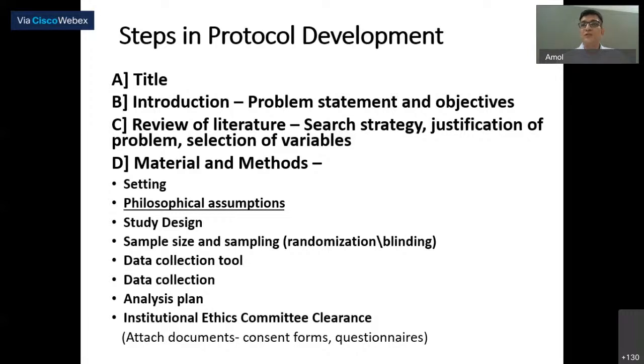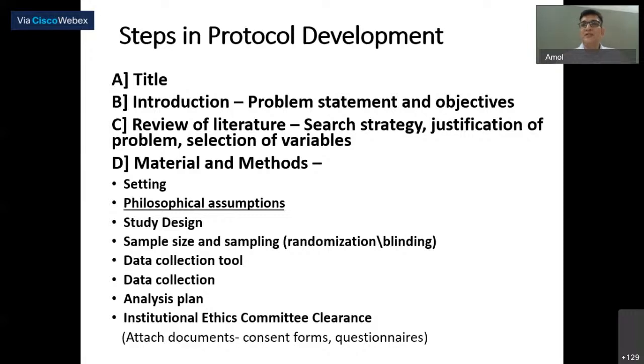If you are planning to do some studies in some institutions or organizations, you have to attach letters of permission to access the sample in that particular institution or in that occupational setting.